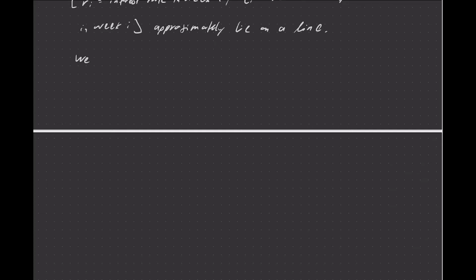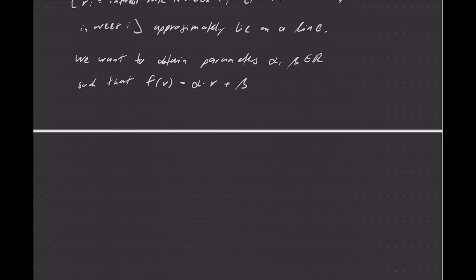Okay, so we want to obtain parameters, let's call those alpha and beta, two real numbers, such that a function of the form f of r equals alpha times r plus beta is at least a good approximation for the measurements.